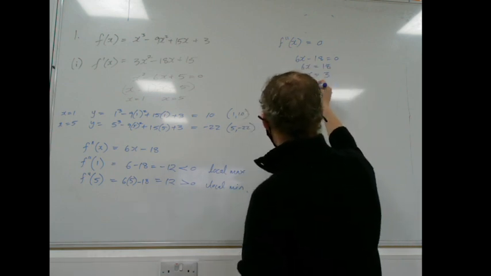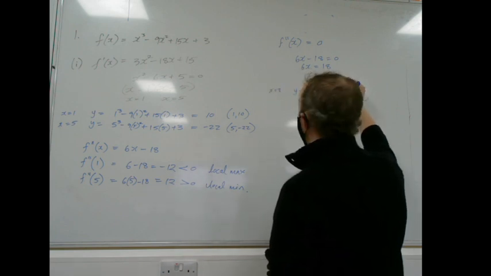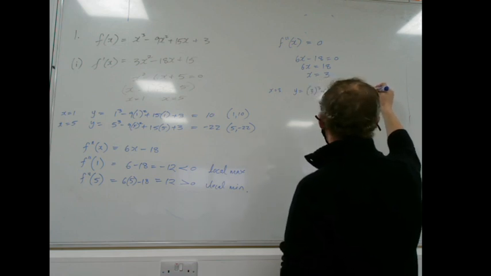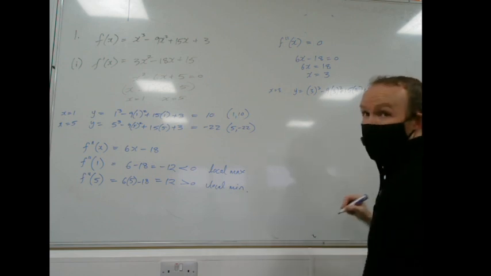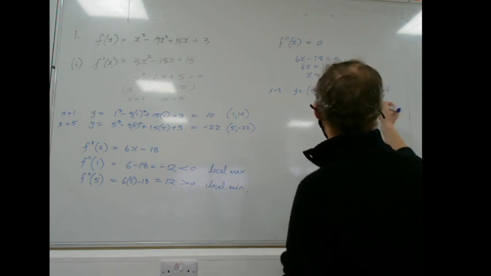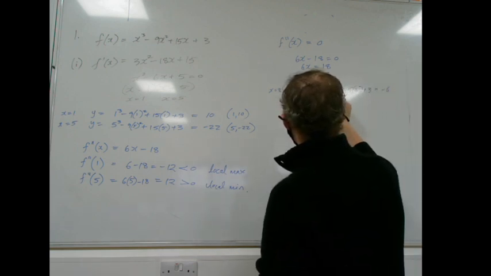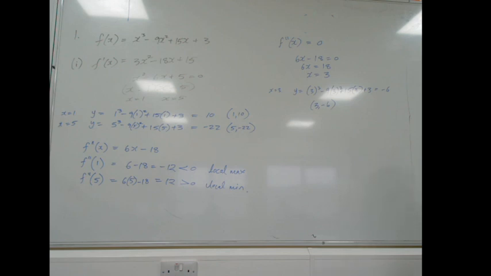So you have y equals 3 cubed minus 9 times 3 squared plus 24 times 3 plus 3, which gives 21. So you have the coordinates (3, 21), and there's your point of inflection.